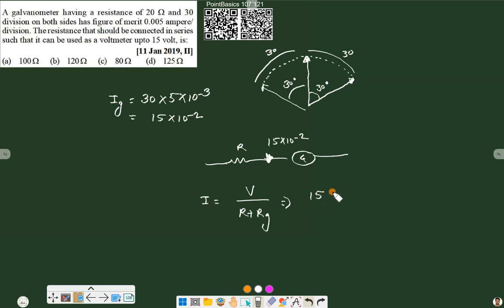The value of I is 15 into 10 raised to power minus 2, equal to the potential, that is 15 volt, divided by R, which we have to find out, plus the resistance of the galvanometer, 20 ohms. So crossing, we get R plus 20 is equal to 15 by 15 into 10 raised to power minus 2, that will be 100. So R is equal to 80 ohm, that is option C.